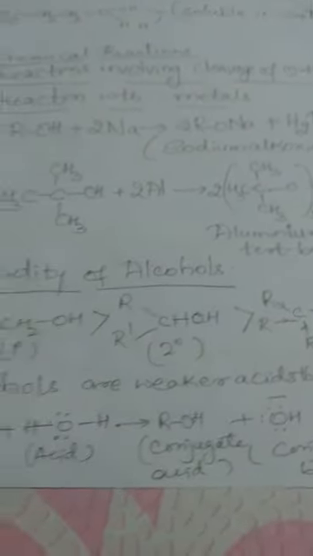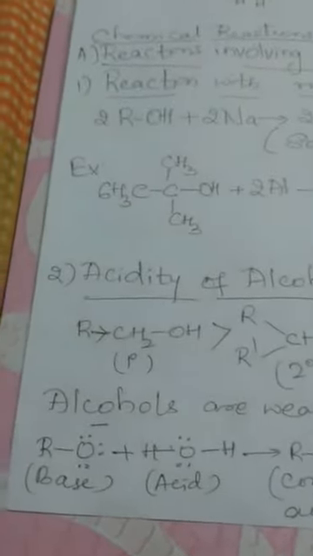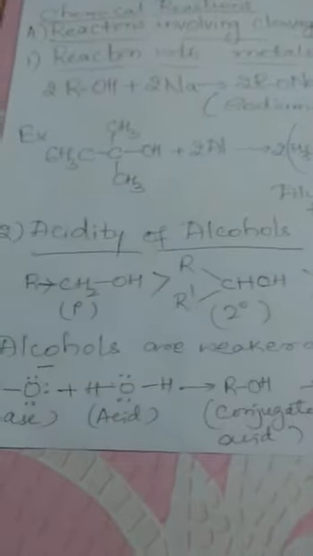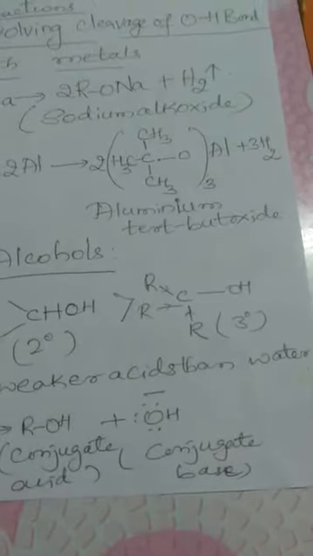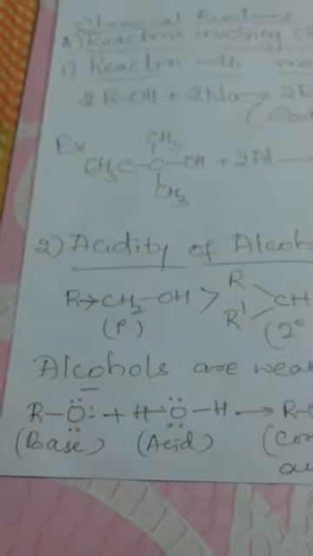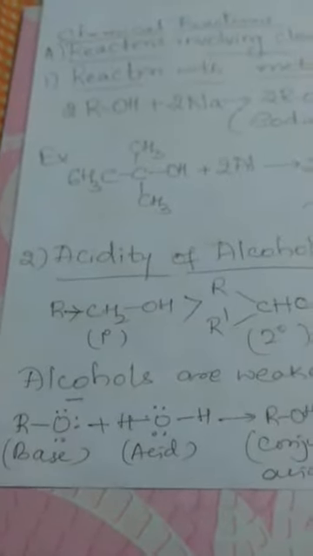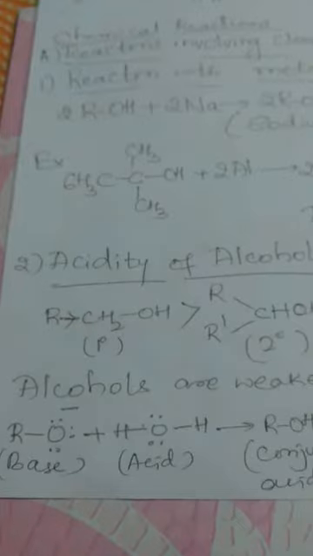This is very important. And alcohols are weaker acids than water. If you compare alcohol with water, it is found that alcohols are weaker acids than water. Look at the general representation of the base which is formed, RO minus, due to the liberation of a proton from alcohol.